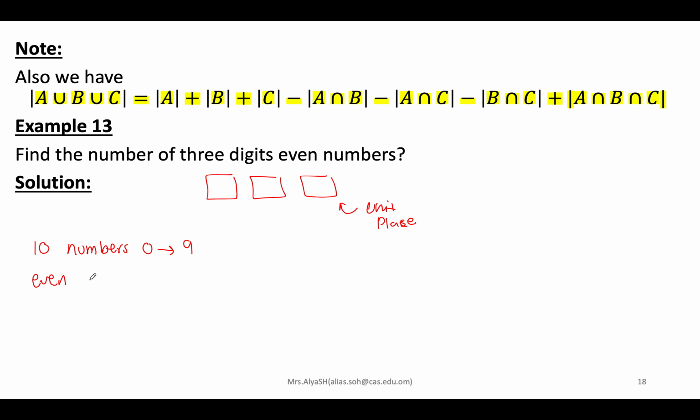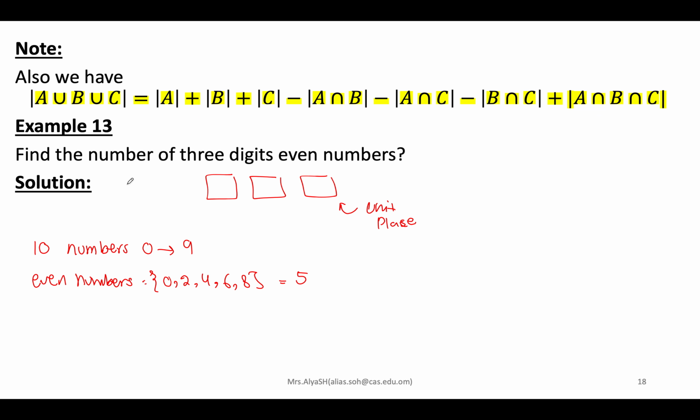The even numbers are 0, 2, 4, 6, and 8, and they equal 5. To make this digit even, I have to put in here one of the 5 even numbers.